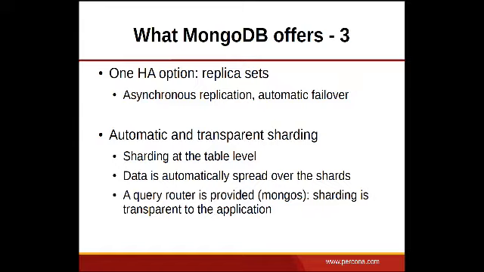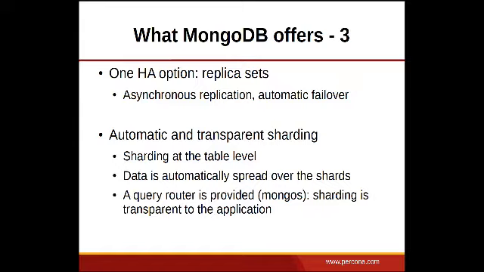Now, regarding sharding, it's very cool with MongoDB because you have automatic and transparent sharding. So sharding is done at the table level, and the data is automatically spread over all the shards and rebalanced if needed in the background. And you also have an extra binary, the MongoS, which is a query router.